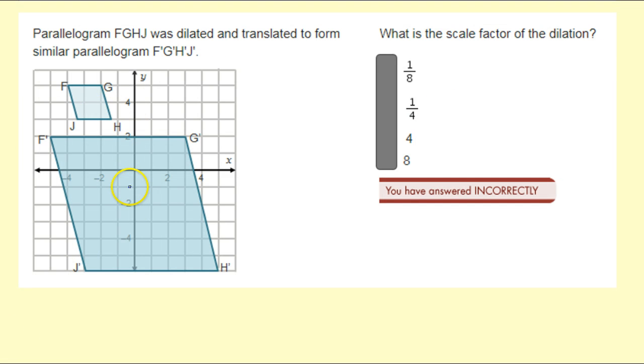All right, in this problem, they're just asking us to find the scale factor of this dilation. So I'm going to call the scale factor k for a minute. And the scale factor can be found by taking a new length and dividing by the old length. So let's look at f prime g prime.